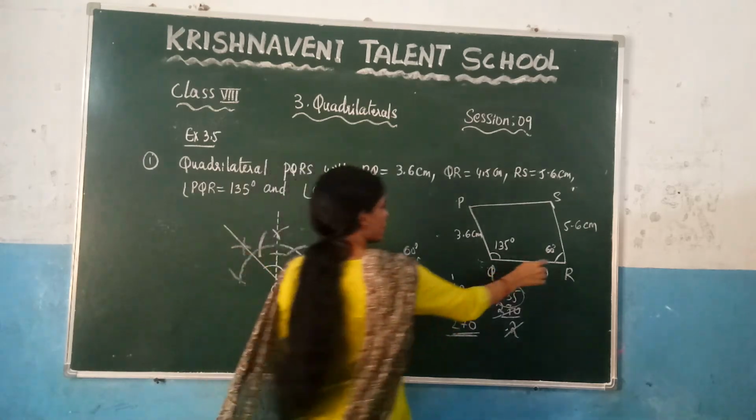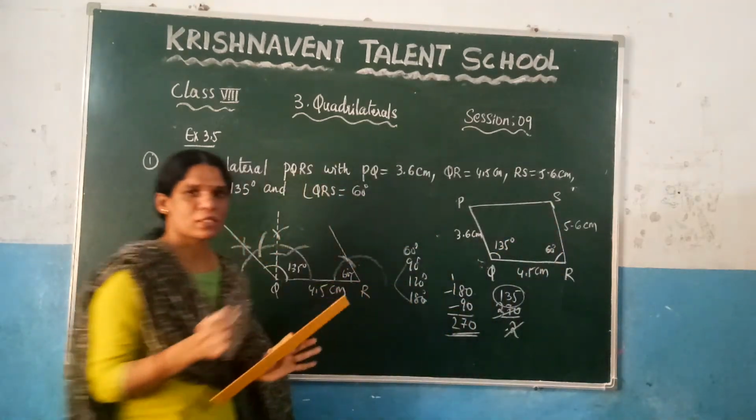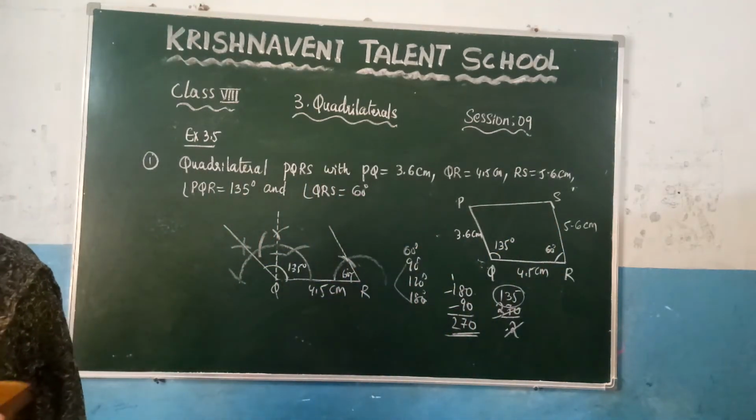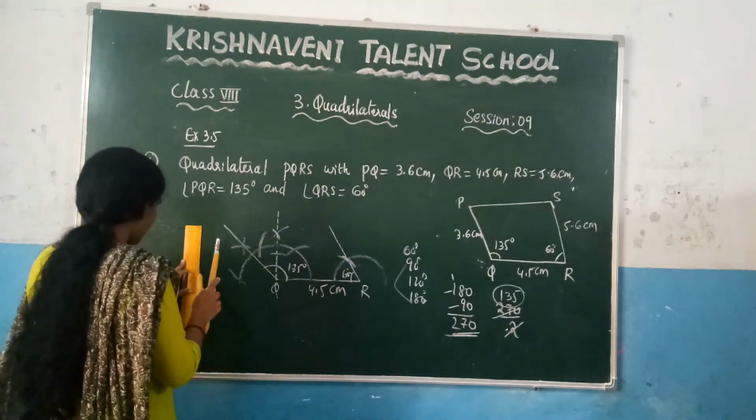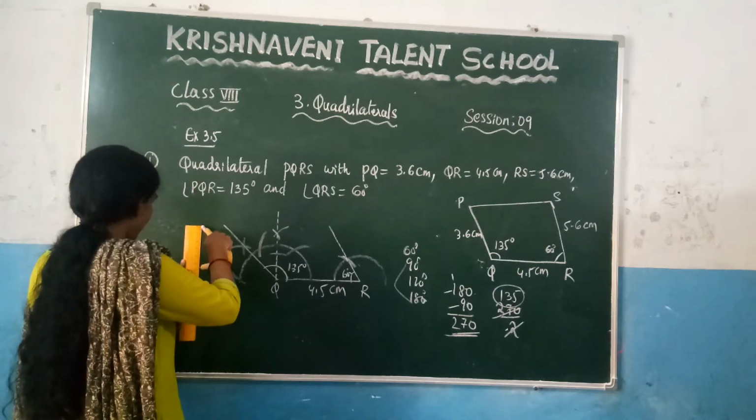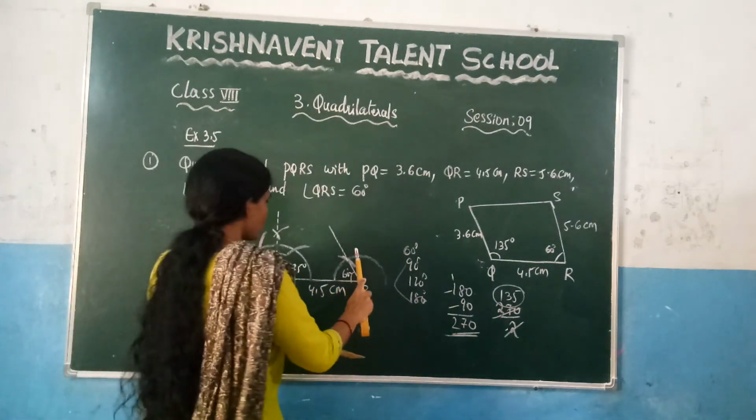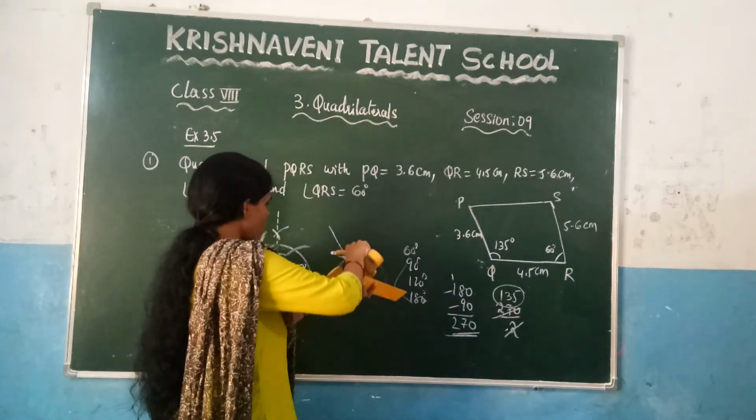Now what is the length of this one, which is 5.6. Now take 5.6 centimeters radius. This is 5.6. So at this point, draw an arc of 5.6.